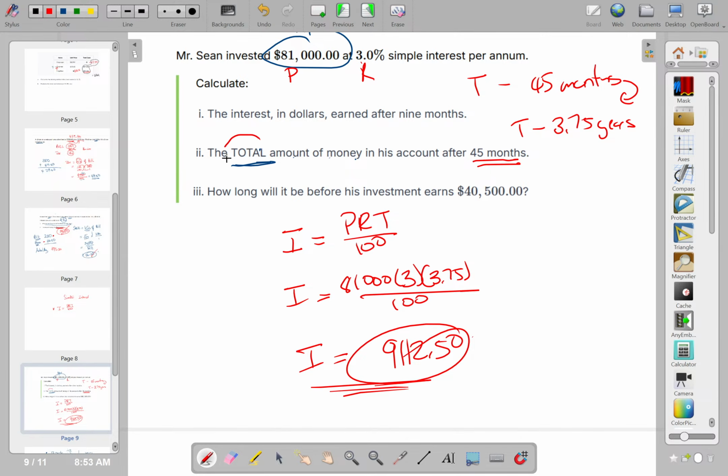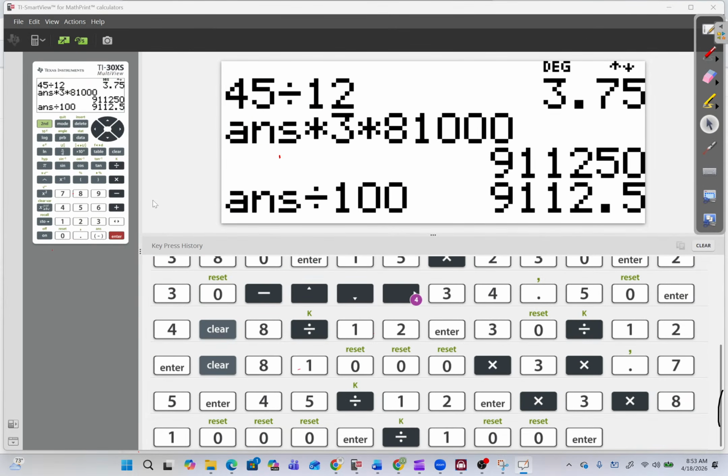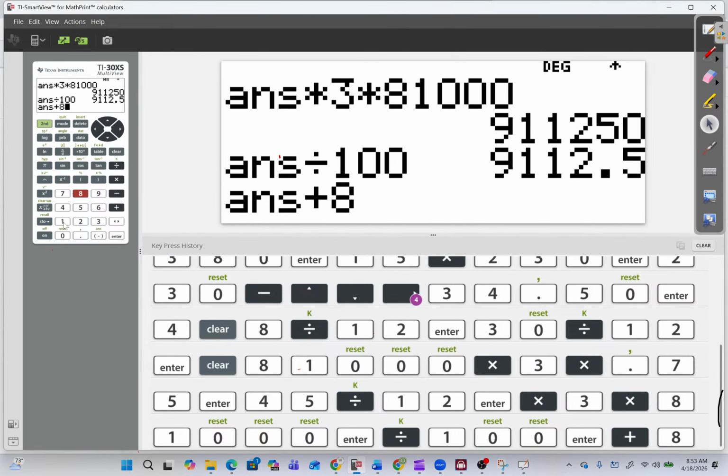I want the total amount in his account now. I'm going to put it in a different color. The total amount is the 81,000 that he had in there before, and then the bank is going to give him an additional 9,112.50. And that gives you the actual total amount in his account now.